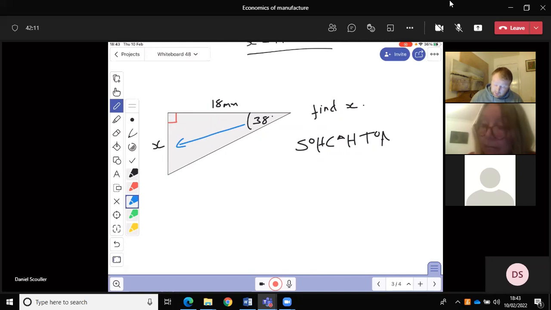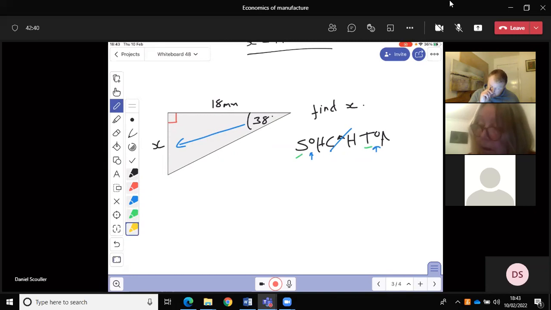So we're trying to find the opposite, which already rules out cos. We're not going to use cos. So it's either going to be sine or tan. Now, what have we got? We've got the angle, so we can tick those beside the S and the T. What's the other side we've got?